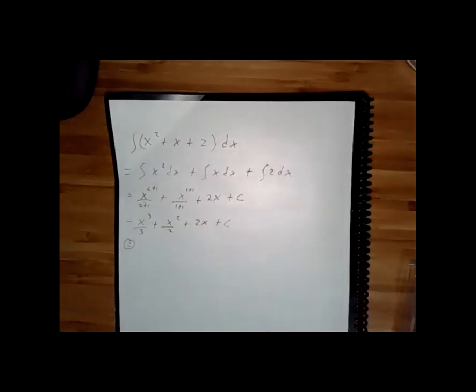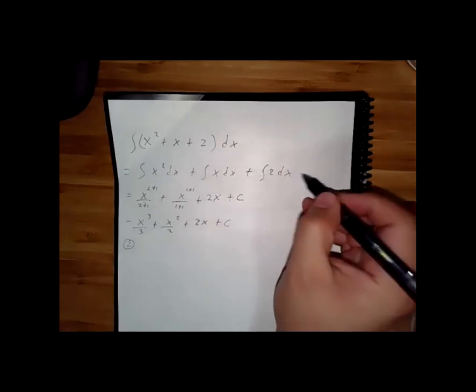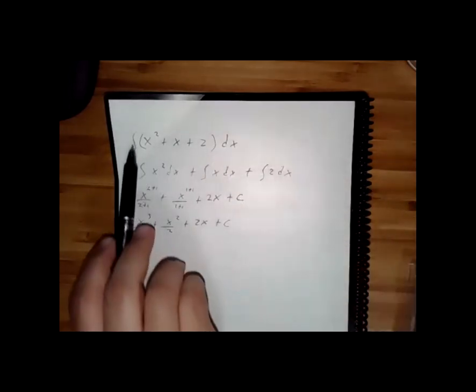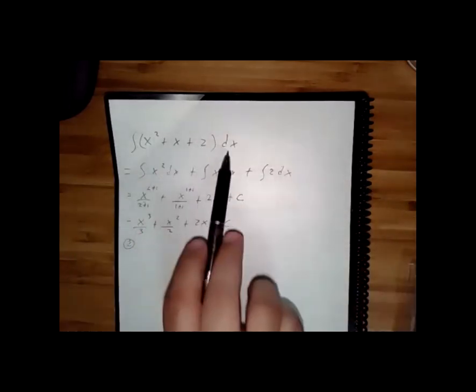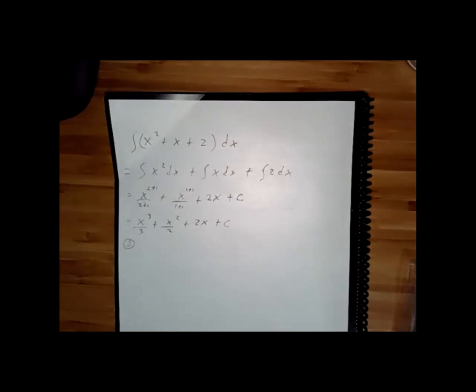Yeah, that'd be fine. The way that I've been doing it, I've skipped that step. I don't know if it was important to show it or not. No, it's just important for me to show. Okay, I got you. Because this is a rule for integrals that you have a sum and difference that you can apply it to.